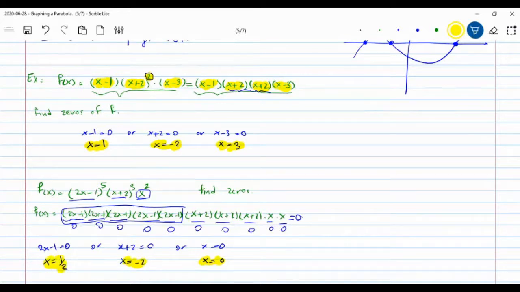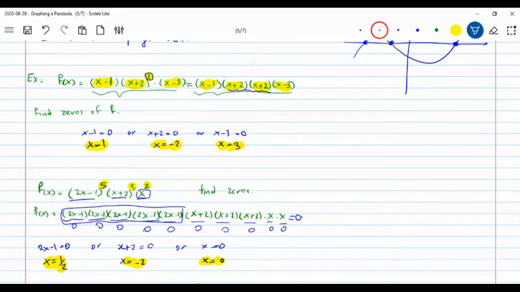But the exponents tell you some information about the solution, which is quite important if you're graphing the function. What information do they tell you? The exponent 5 means you would have this parentheses 5 times.